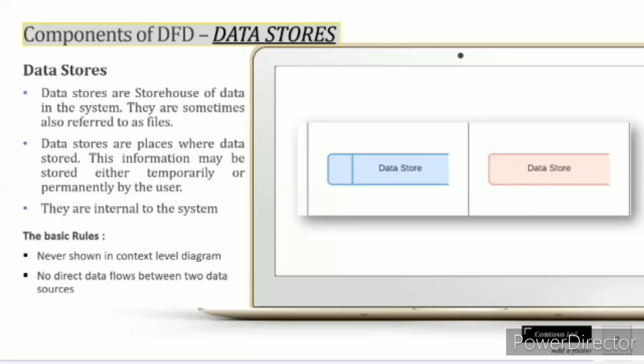The basic rule is that it should be in a rectangular form, never shown in the context diagram, and there should be no data flow between two data stores. Flow of data between two data stores is not possible.